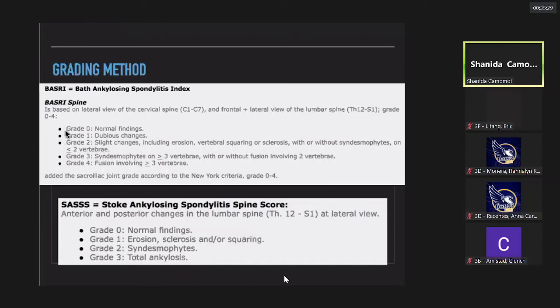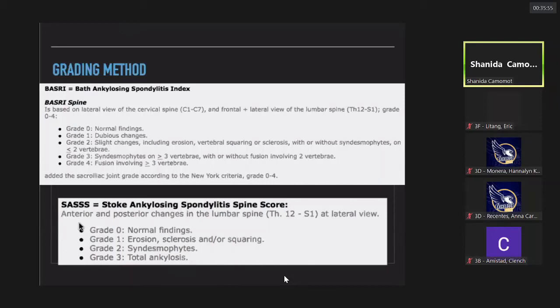Grade 0 is normal, grade 1 is dubious, and grade 2 is slight changes, including erosion, vertebral squaring, or sclerosis with or without syndesmophytes on 2 or fewer vertebrae. Grade 3 is the presence of syndesmophytes in 3 or more vertebrae with or without fusion involving 2 vertebrae. And grade 4 is fusion involving 3 or more vertebrae.